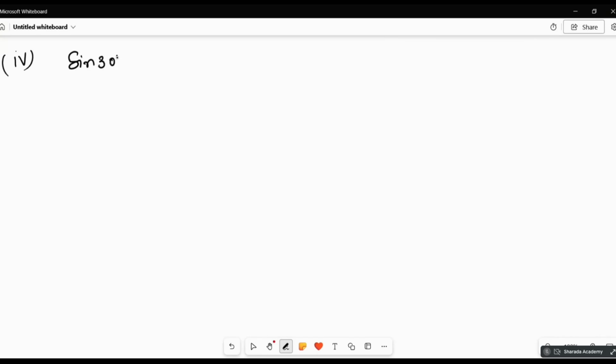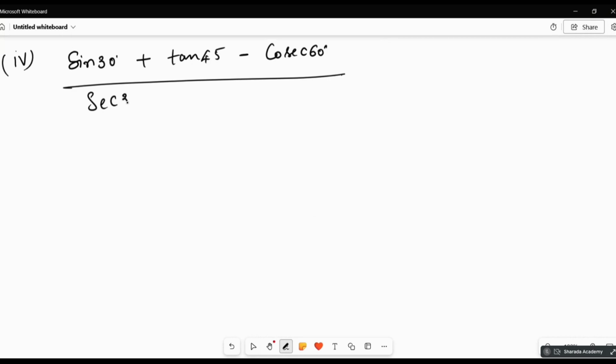Sin 30 plus tan 45 minus cosecant 60 divided by secant 30 plus cos 60 plus cot 45. Try this.